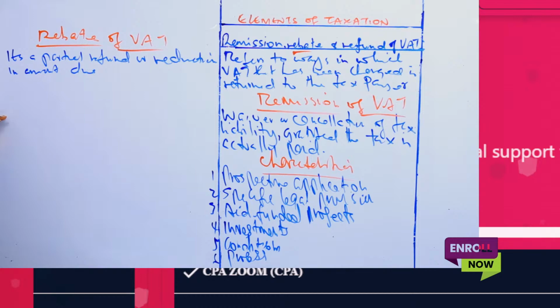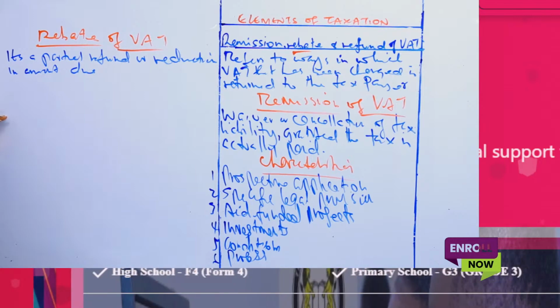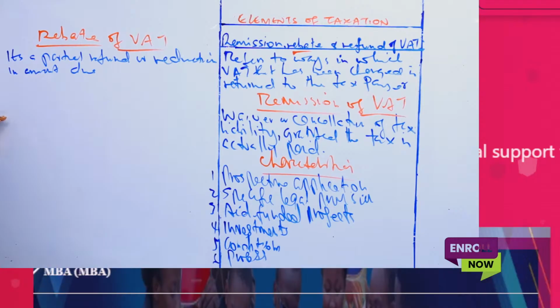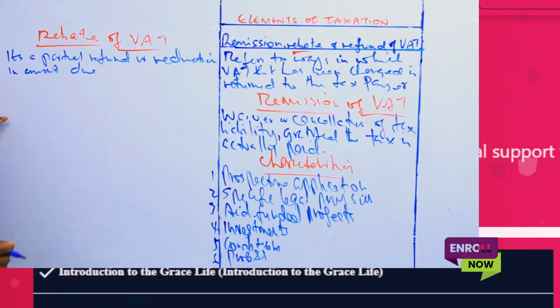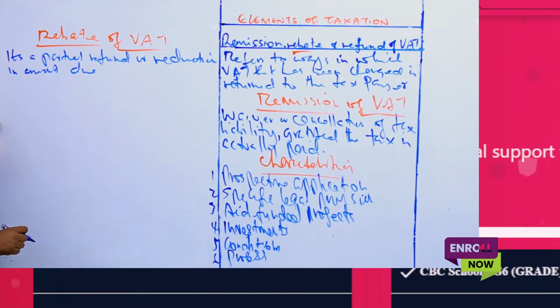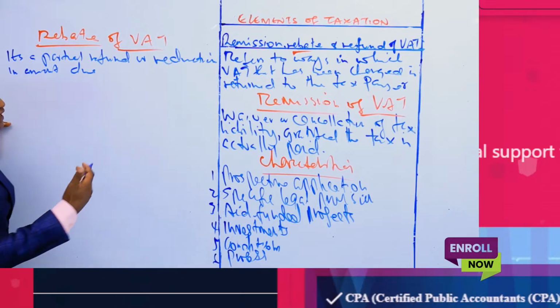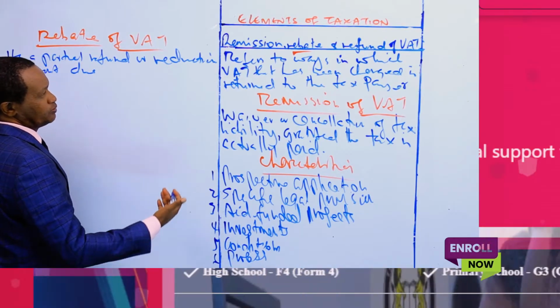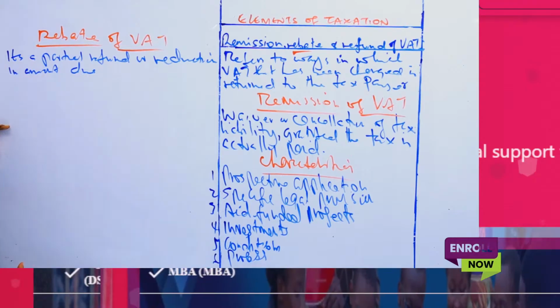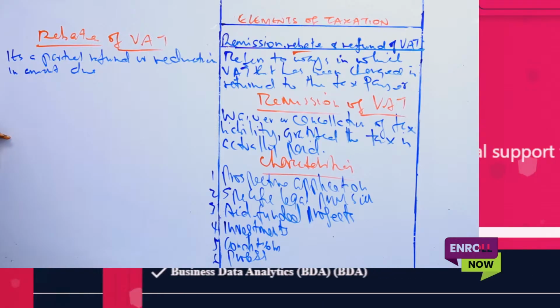Historically, there might have been specific regulations or policies that used the term rebate. But the current VAT Act of 2013 predominantly uses remission and refund.